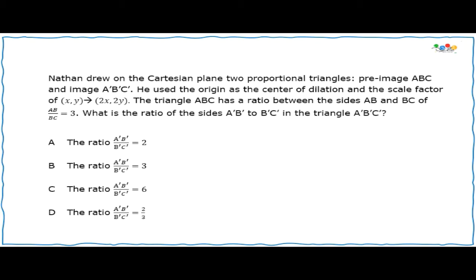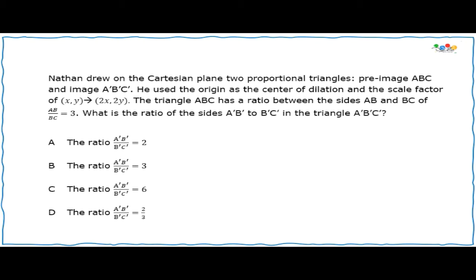The triangle ABC has a ratio between the sides AB and BC of AB over BC equals 3. What is the ratio of the sides A prime B prime to B prime C prime in the triangle A prime B prime C prime?